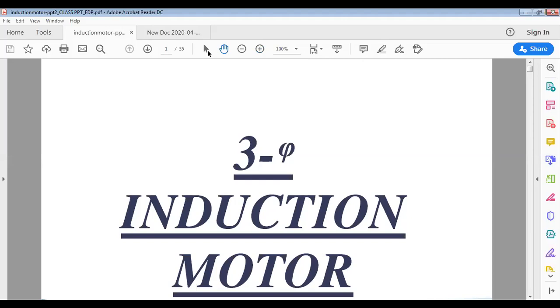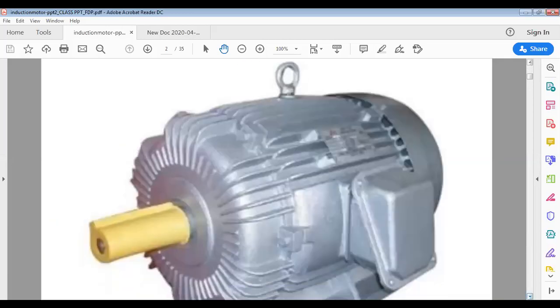We are not going to learn it in detail, very little content. Synchronous generator also: construction, working principle and application. So three-phase induction motor in more detail, and single-phase induction motor and synchronous generator in brief. These are the contents of the sixth unit. Today we are going to start with three-phase induction motor.